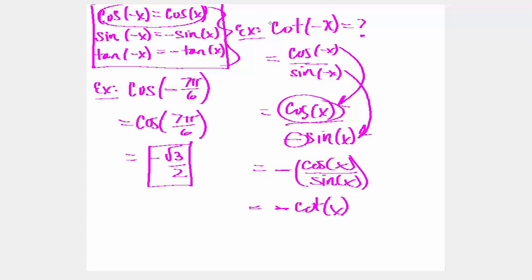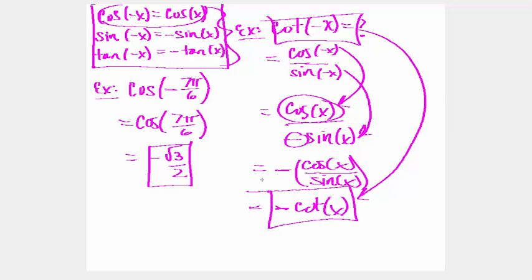So if we connect the beginning and end here, we'll see that the cotangent of negative x where we started is equal to negative cotangent of x where we ended. Now, just a little question here. Does that appear to act more like the cosine negative identity or the sine and tangent negative identities?